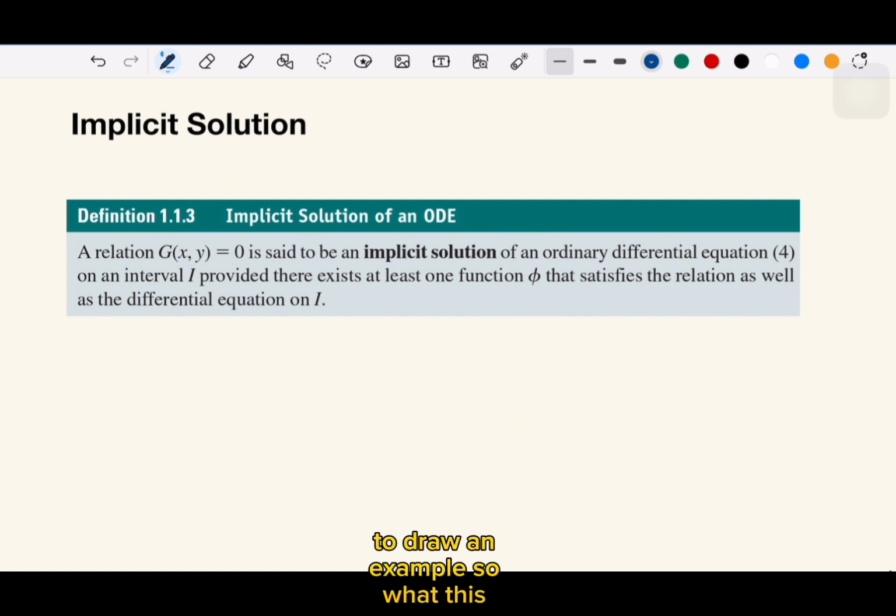So what this is about is actually we are going to take a look at the differential equation itself. So for example, if you remember, okay, this is a differential equation.